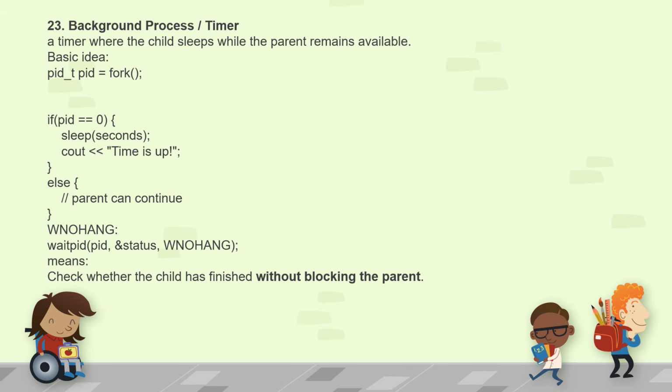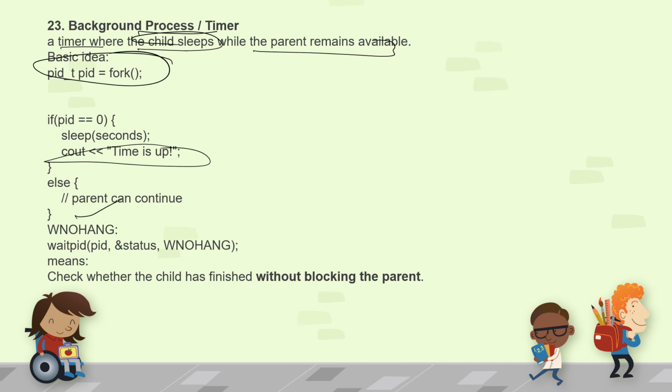Next comes your background process or timer. A timer where a child sleeps but the parent remains available. Suppose you get the process ID, then you check time is up, then the parent can continue. So a trick for this part is clone.